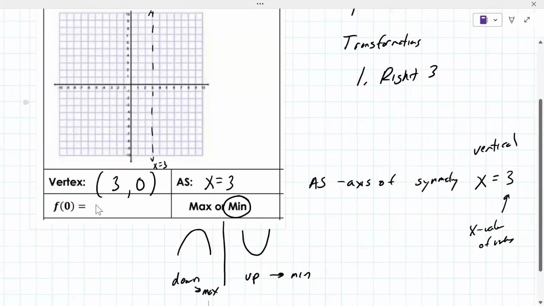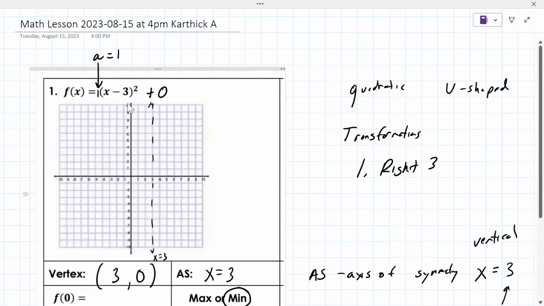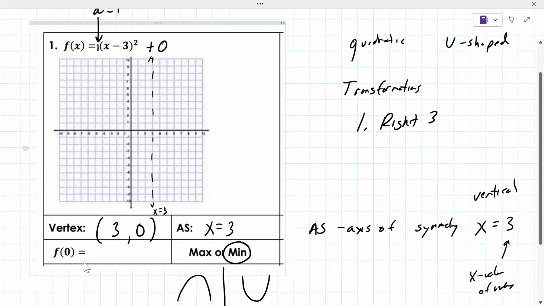F of zero means to put 0 in for x. Okay, and so we are going to graph this, but we're just filling in all this other stuff first.